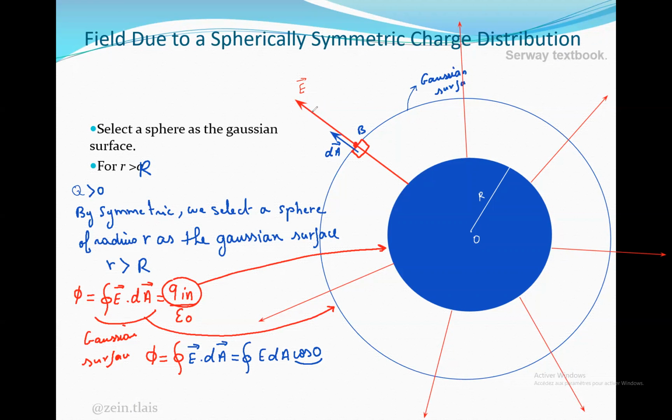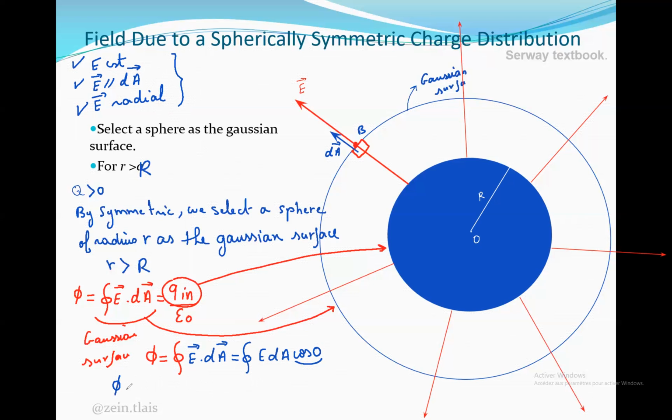You know about the conditions. We have to write the conditions here. E must be constant at any point on the surface. It's important to write this condition. The second condition, E must be parallel with dA for each small element, and E must be radial. I forgot to write these conditions at the beginning of this problem. So E is constant.